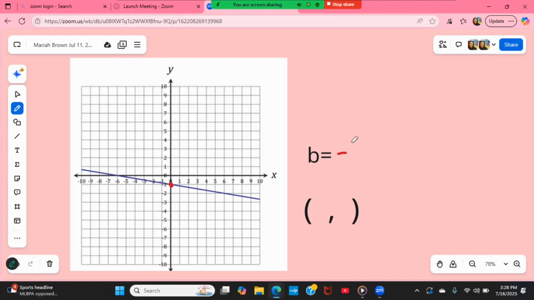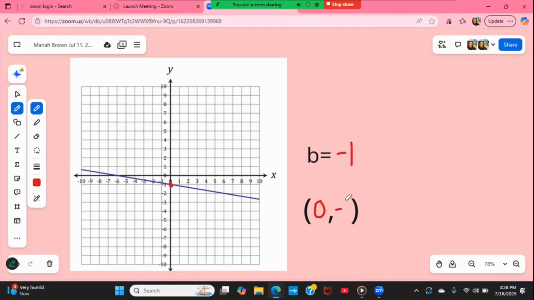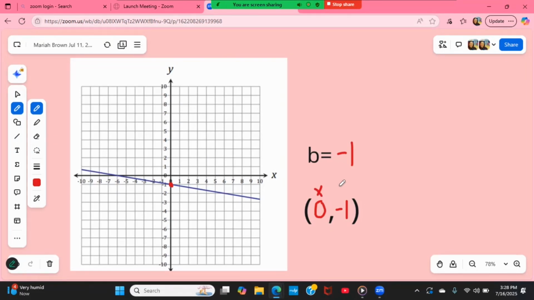So B equals -1. How do you think you would write that as an ordered pair? Will the -1 go in the front or the back? So you remember, 0 will always come first for your y-intercept. And then for your y, it will be your -1. So your x will always be 0. And your y-intercept will go right here where your y is in your ordered pair.